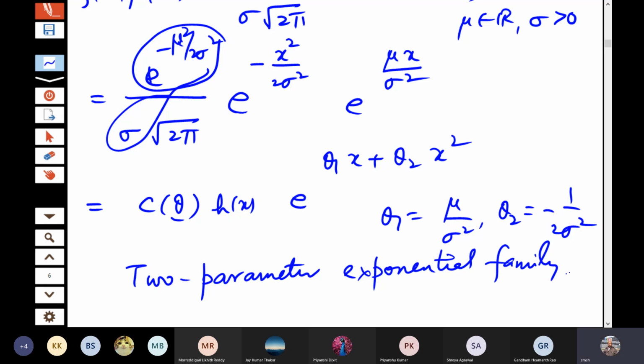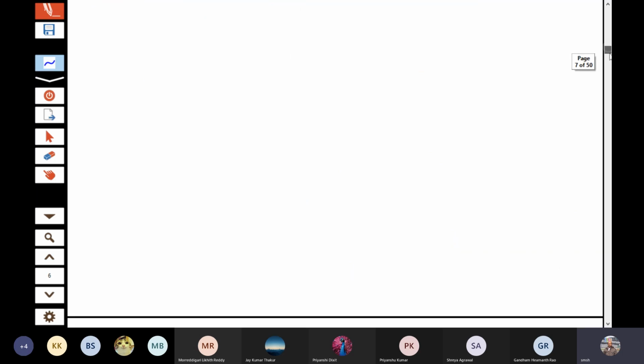Let me start with the 1-parameter exponential family and see what happens to this concept of Rao-Cramer lower bounds.